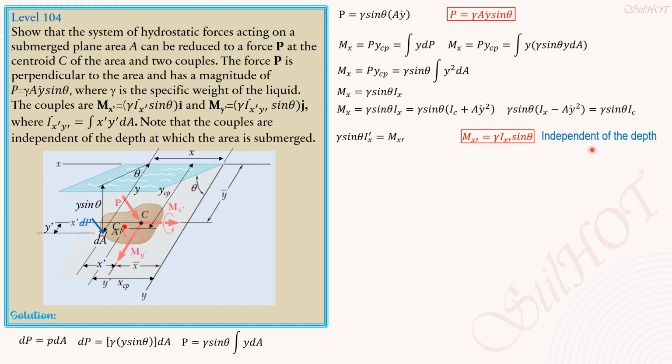This is independent of the depth, by the way, this Mx prime here, because in this expression there's no factor that is a function of the depth. Ix prime is a property of the area, so it is independent of the depth, unless barred y is involved in the equation, then it is a function of the depth.